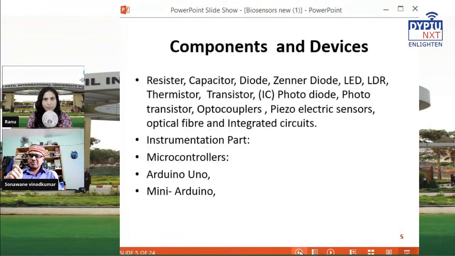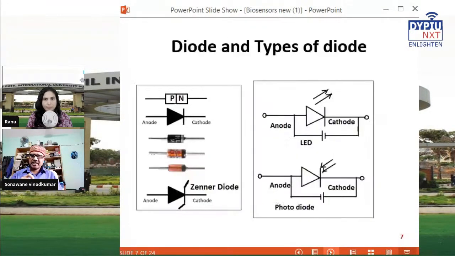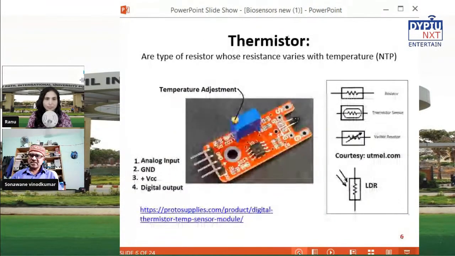Suppose the blood is there, and we want to measure the cholesterol level, then what happens? When the blood enters the substrate, heat is generated, and the substrate has to be in a closed container.